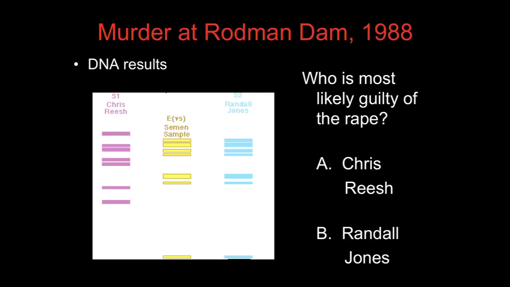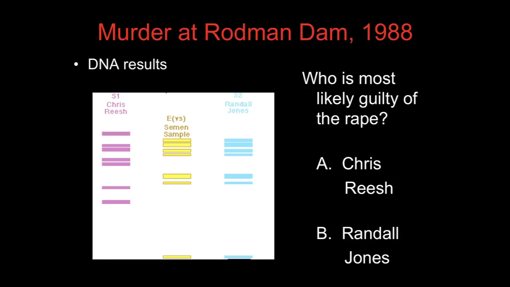As shown in this diagram, we can see Chris Riesch, S1, has the pattern here shown in magenta, and Randall Jones in blue off to the far right compares with the semen sample from the victim in yellow.